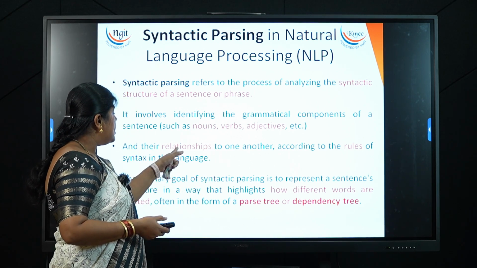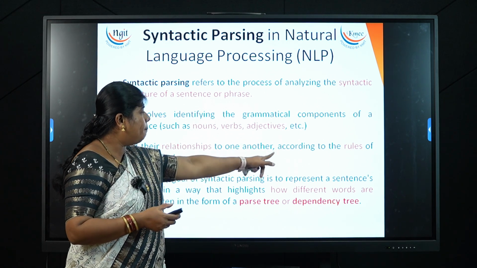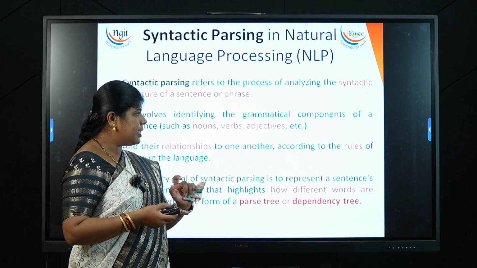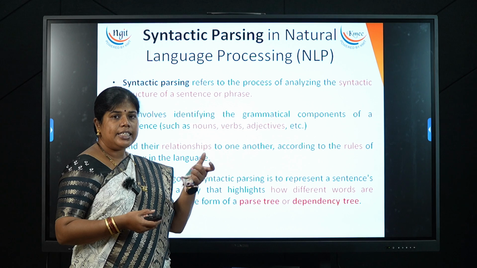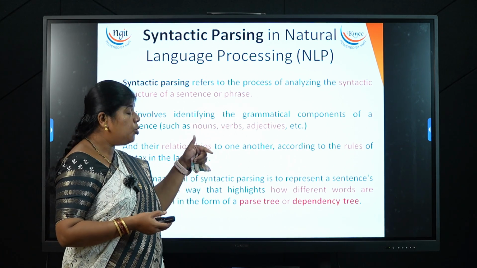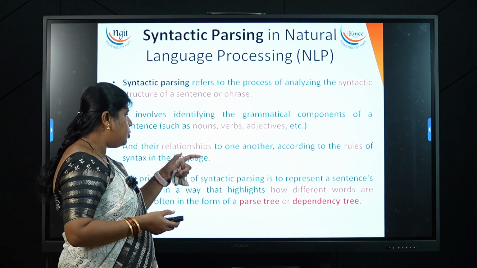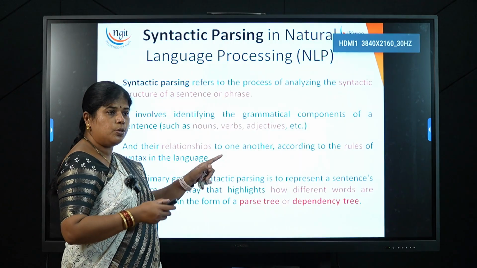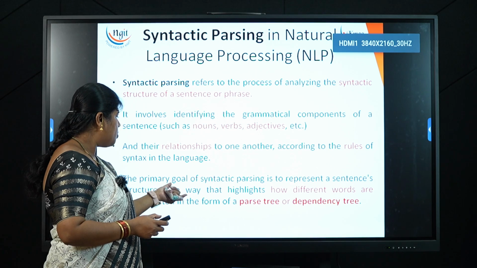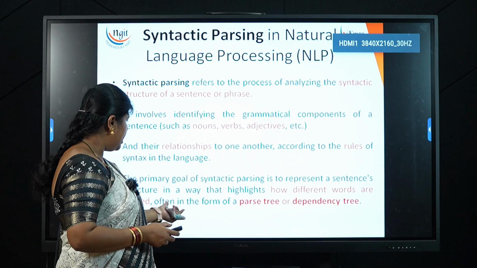Then, what are the relationships of these tokens, by applying the rules of syntax of the language? For example, generally we say he is, you are. We never say you is. So there are some rules, and based on those rules, I relate the tokens with each other. Then the next step is how different words are related with each other.